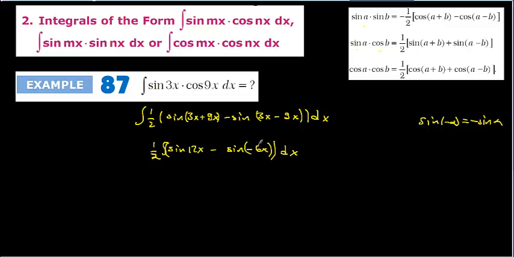That's why this minus sign comes out, and it will be like this: 1 over 2 integral sine 12x plus sine 6x dx.